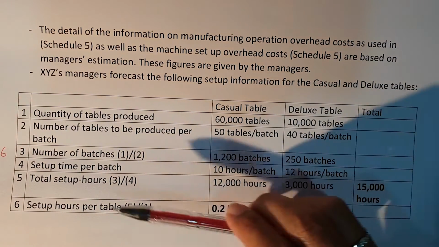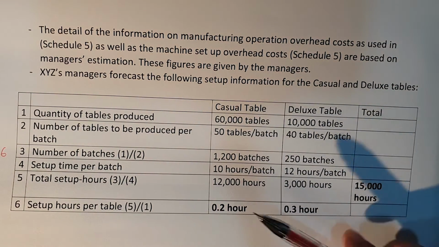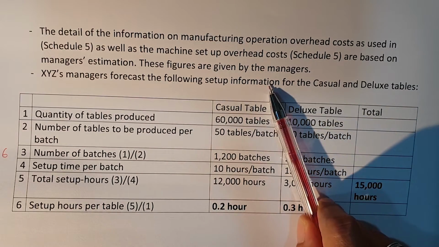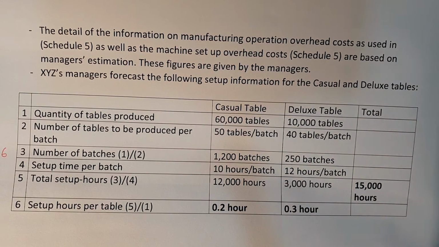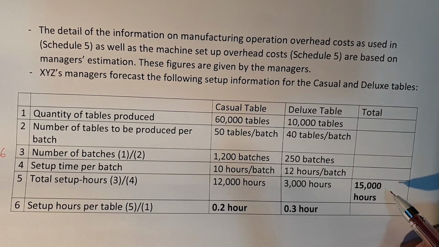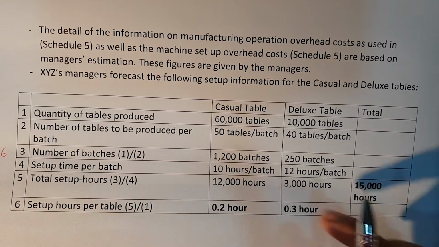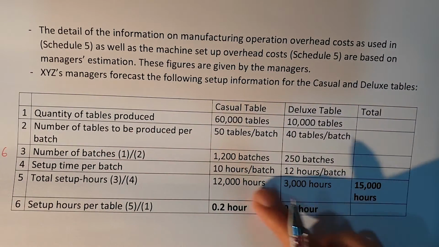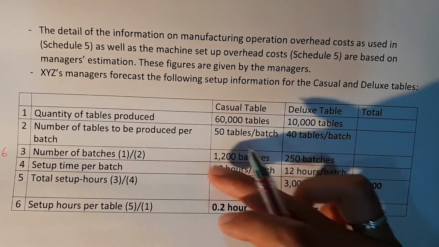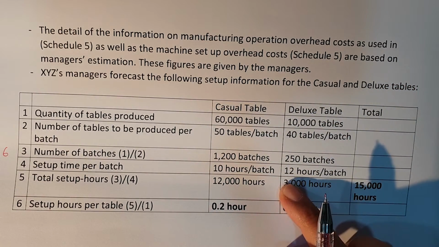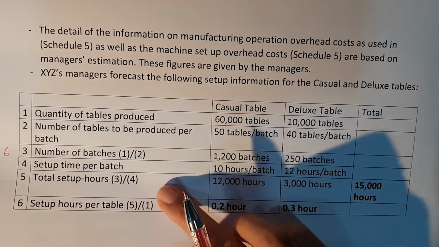This information is based on the managers' estimation of the forecast for casual and deluxe in regards to the setup hours. Here in the table, we have the quantity of tables, number of batches, setup time per batch, as well as total setup hours.